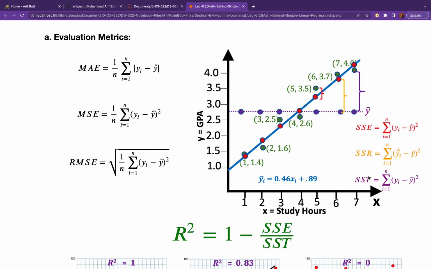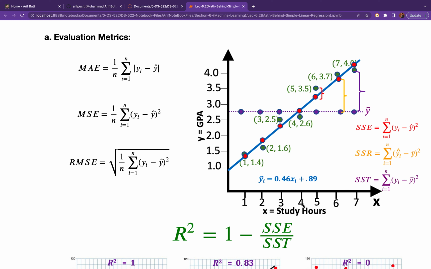Okay. And finally over here we have R square. This R square is the coefficient of determination. It tells us how much variance in the dependent variable, in our case GPA, can be accounted for by observing the variance in the independent variable, study hours in our case. Let me repeat, this is very important to understand.